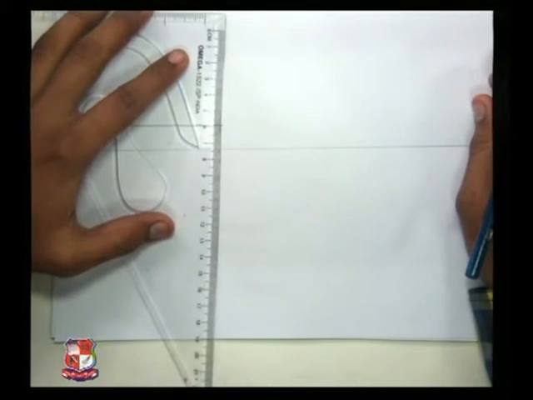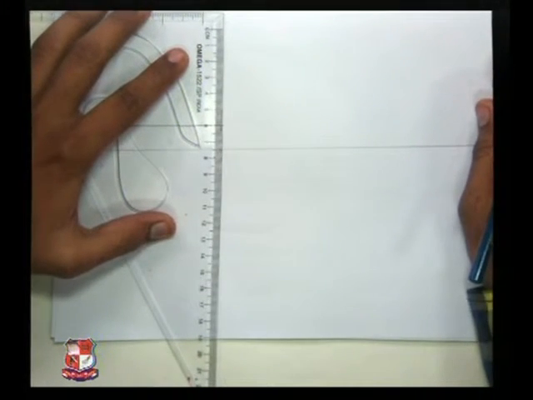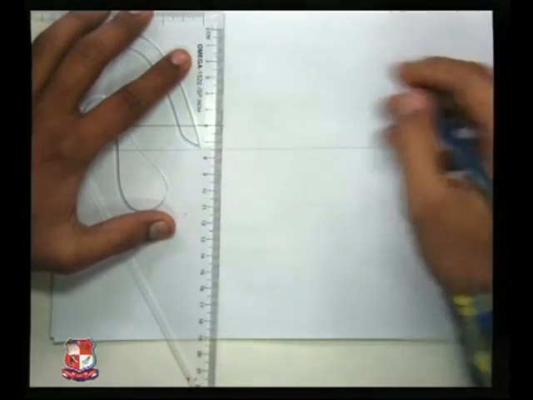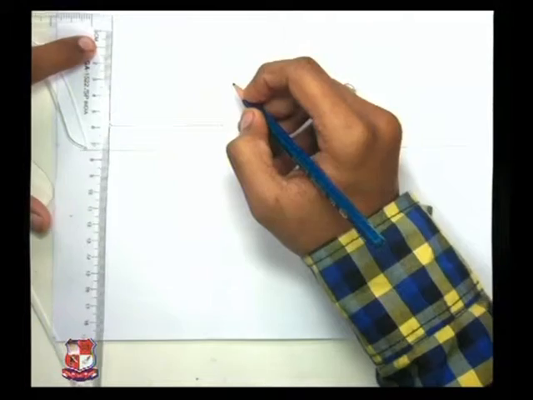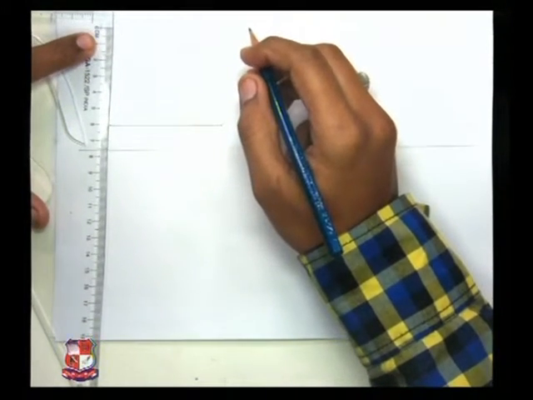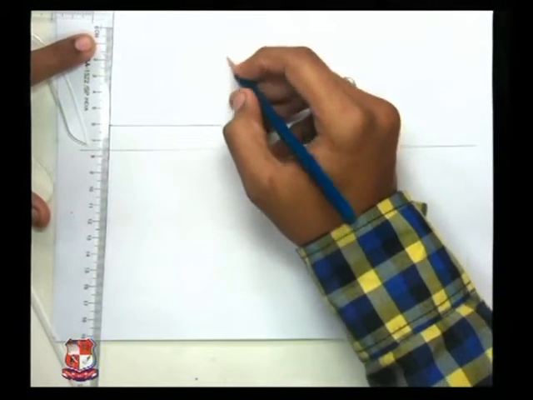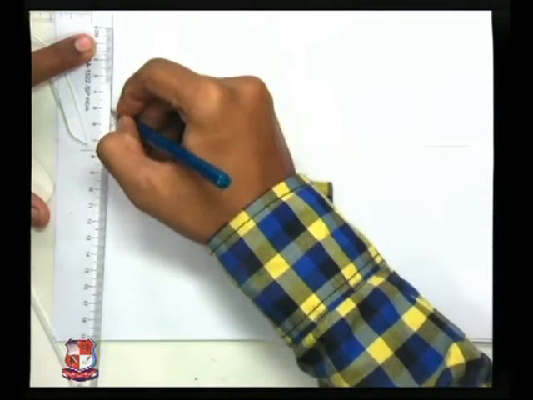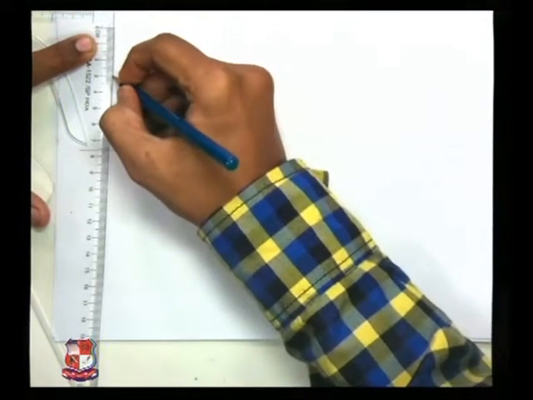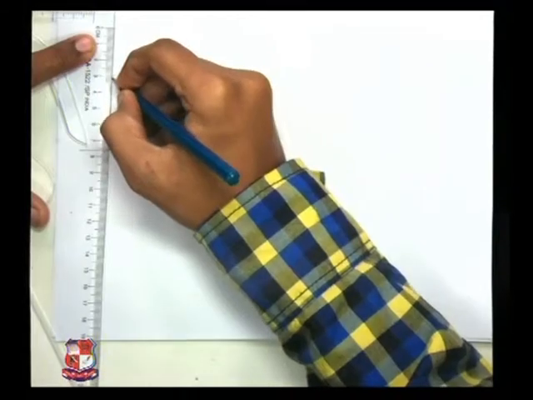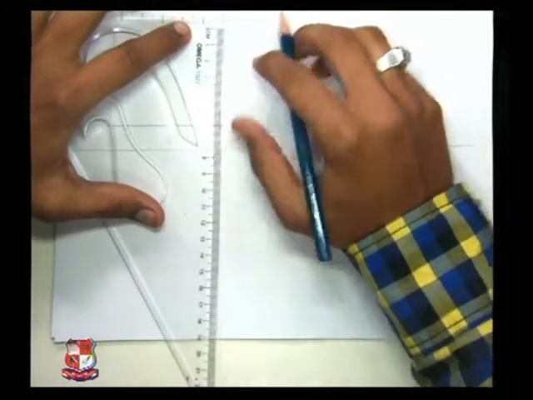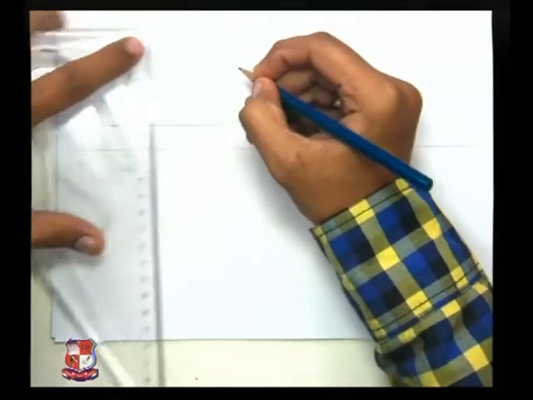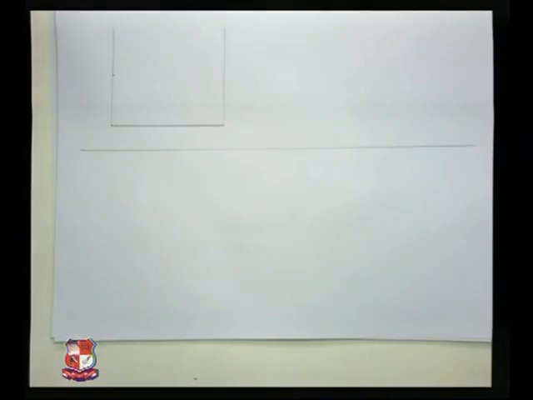Then the total height of this object is given as 60 mm. We are going to draw this line very light because it has a circular portion as well, so we need to rub this later on. I'm first of all marking the center of this 60, which means the midpoint would come around 30 mm.